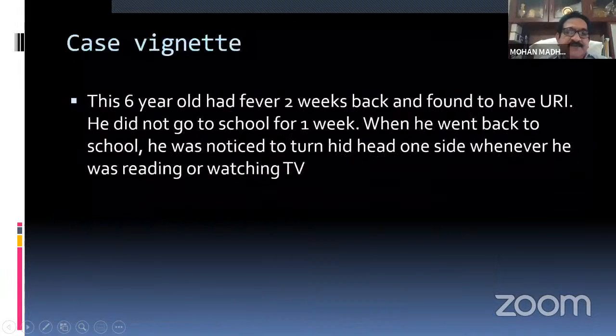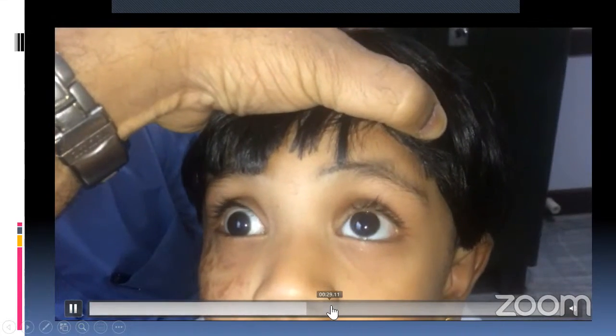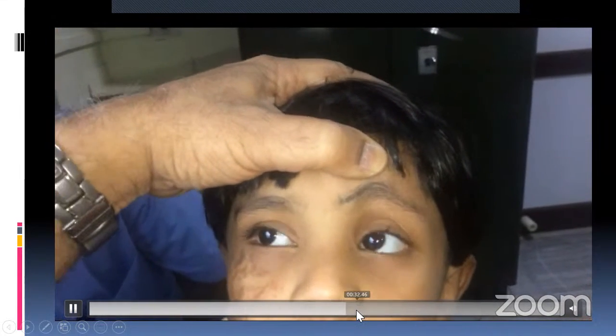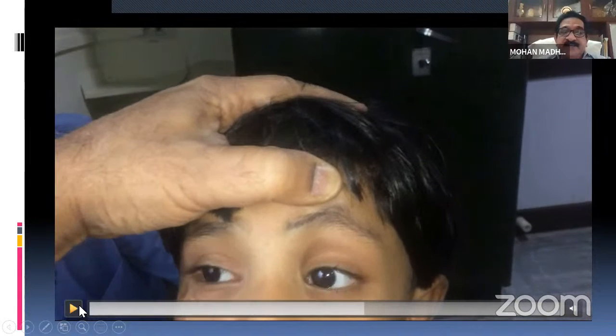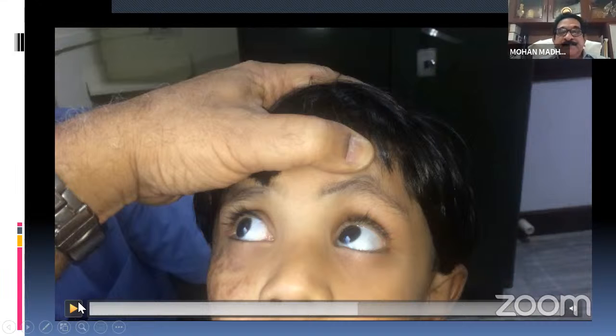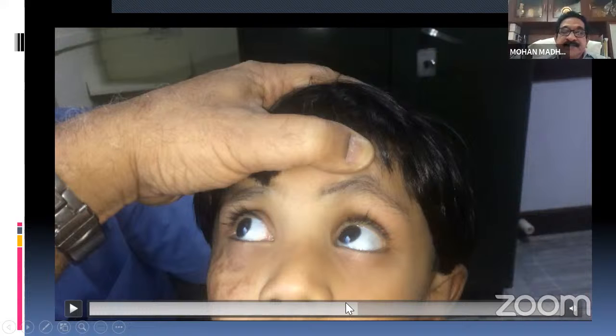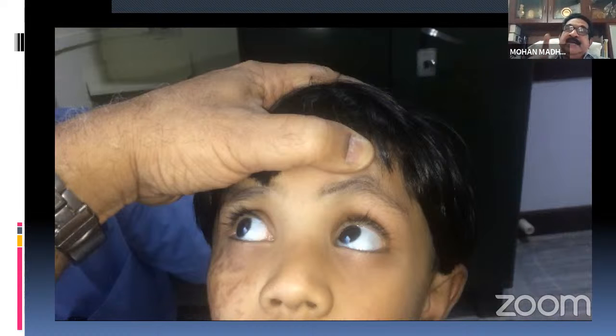Just 1 minute. Then it has to be on both sides, right? One more point. Yeah, I'll start at that level. See this one? Look, she's able to look up and out. Okay, but in the primary position, not able to look up. And also in the adductor position, it goes down. That means, in the case of superior rectus palsy, the elevation in the abducted position should be weak.